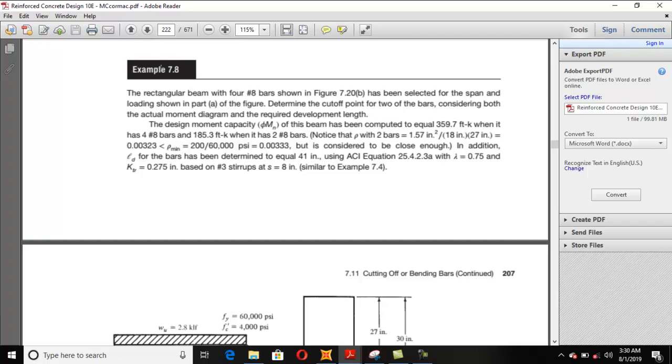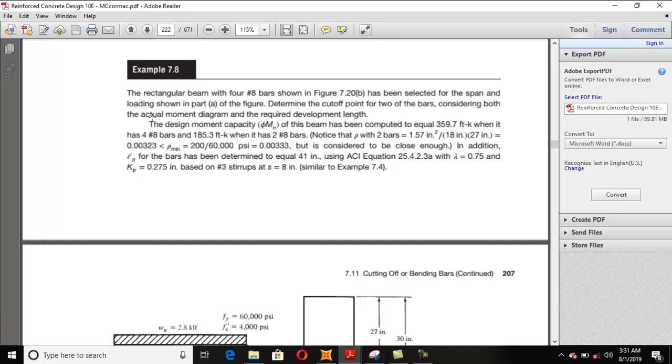This example is also taken from the McCormac book. We did one example in the beginning of this lecture series relating to cutting bars in lecture 8, sorry, and this is another example, a little bit of an extension of that lecture. There we only calculated the theoretical points.